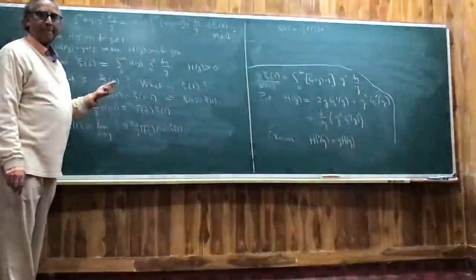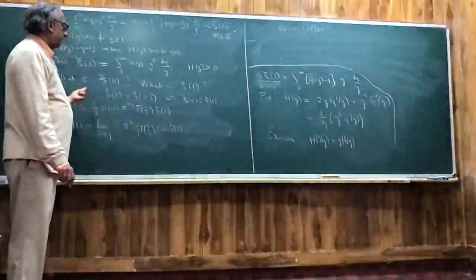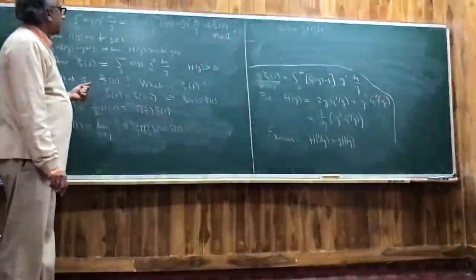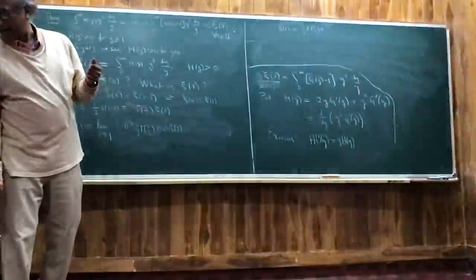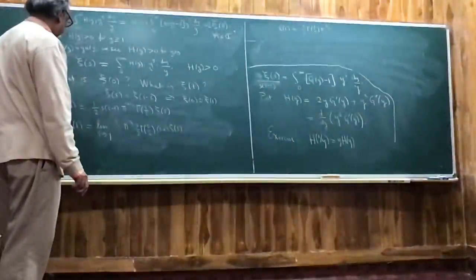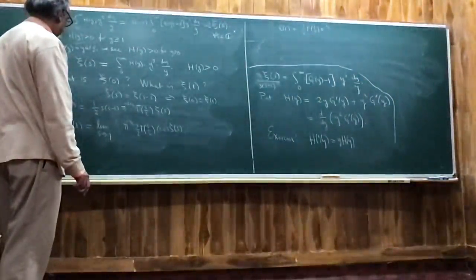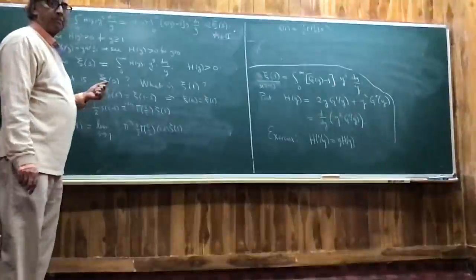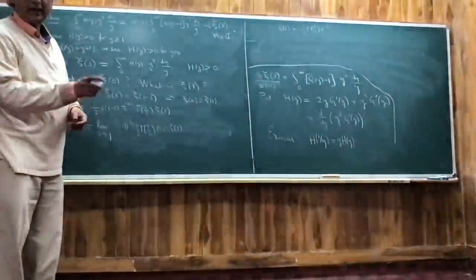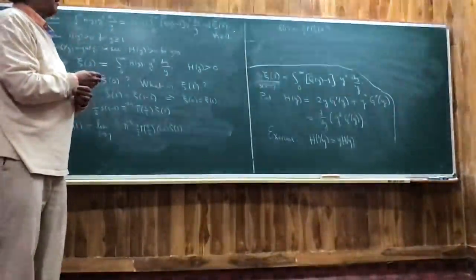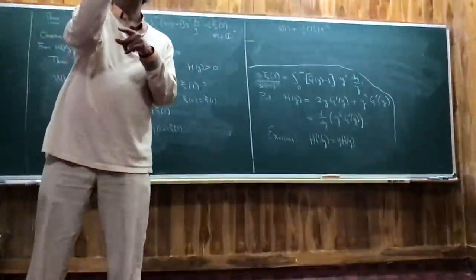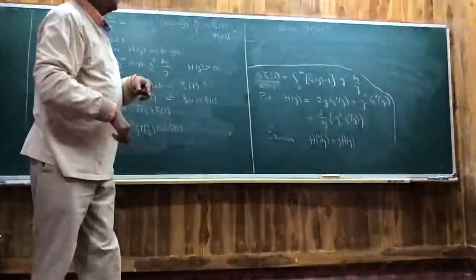The 2 got cancelled when I changed y to y squared. There was a 2 there to start with. Yeah, I think you guys are right. Remember theta of y minus 1 divided by 2, and there's another 2 that went out there. Okay? So let's put the 2 back in.